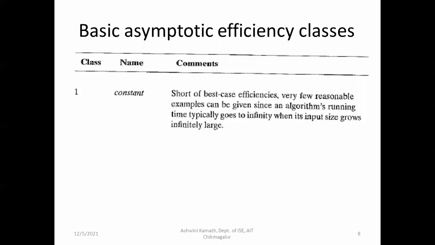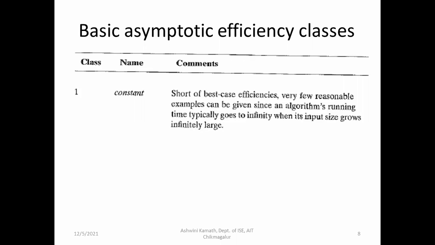It is a short value for best case efficiency. If it is best case efficiency, you know that it is 1 comparison, 2 comparisons, 3 comparisons. If it is a very small value, it will be a constant. If it is a constant, it usually represents best case efficiency.